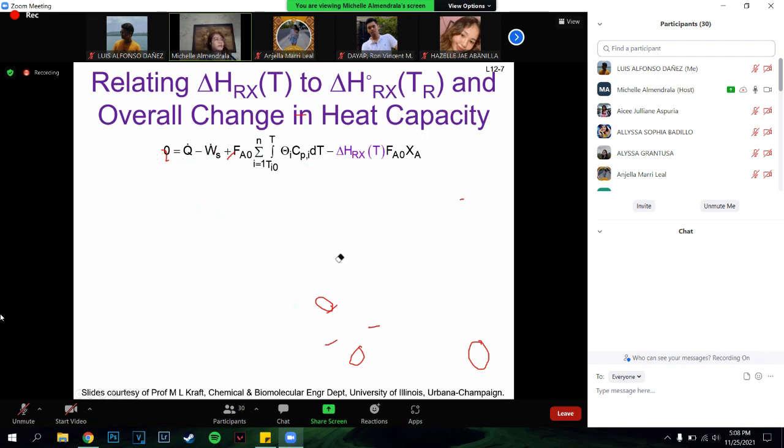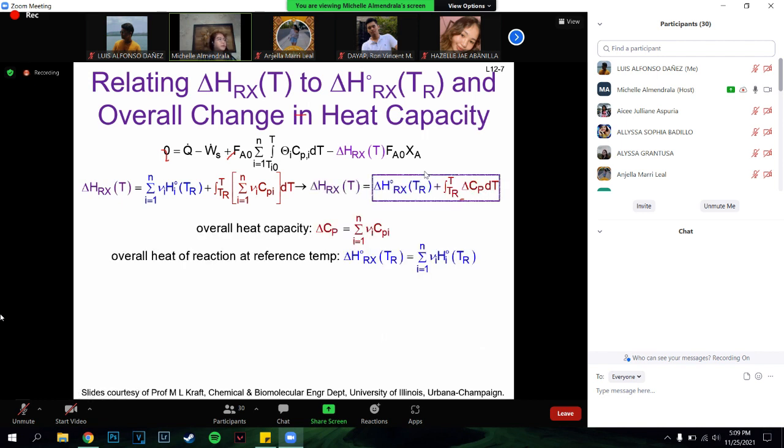So enthalpy of the reaction is defined in terms of the standard enthalpy plus the delta Cp of the reaction. Knowing your enthalpy of the reaction, the same path as what we identified earlier, the enthalpy of the reaction is based on the standard enthalpy and delta Cp times T. And delta Cp is delta Cp of products minus reactants.